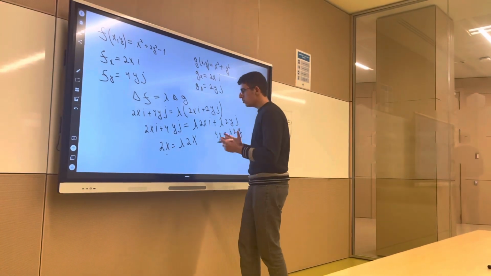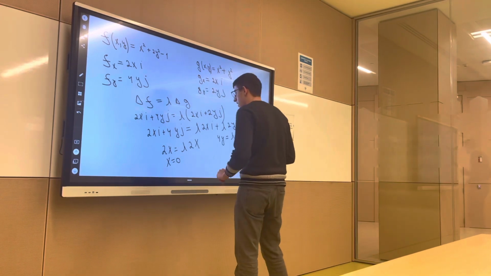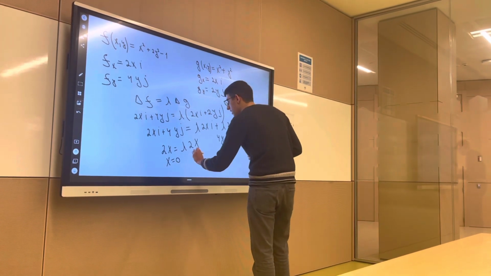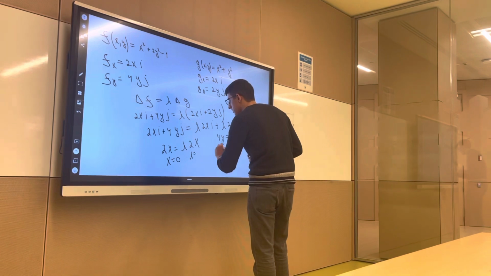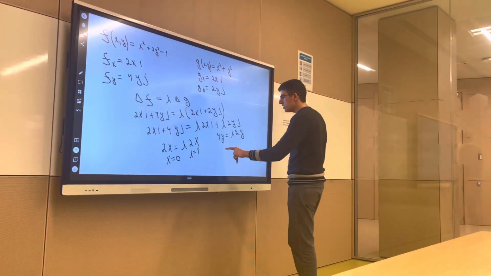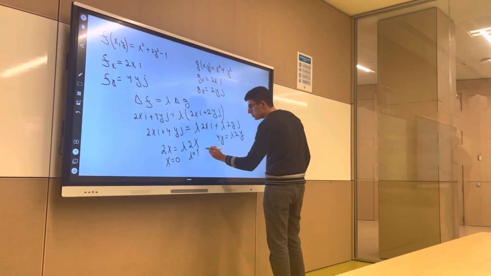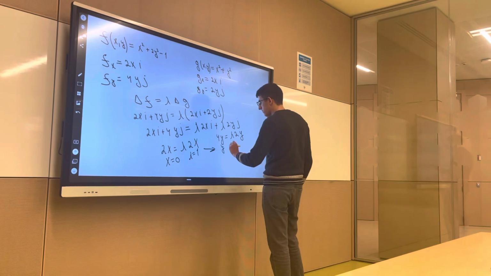So we have two options. x can be 0 and lambda can be 1. If lambda is 1, it means that automatically y should be 0.